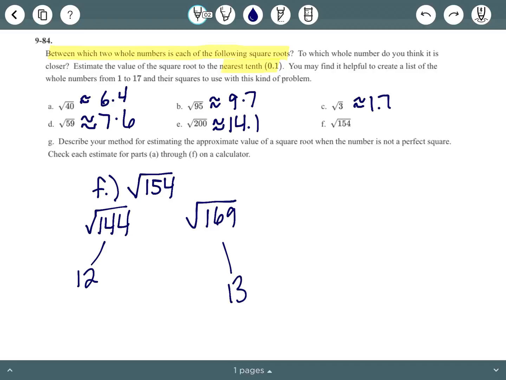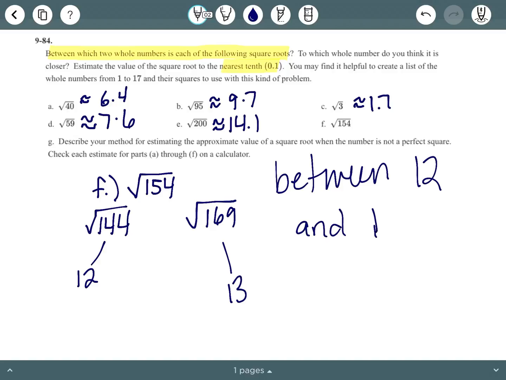All right, and we have finally part F. Oh, I'm sorry. What we need to do is say that it falls between the whole numbers 12 and 13.